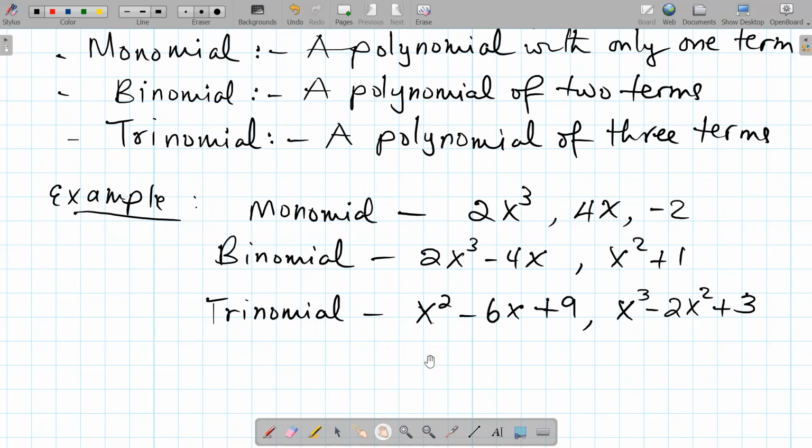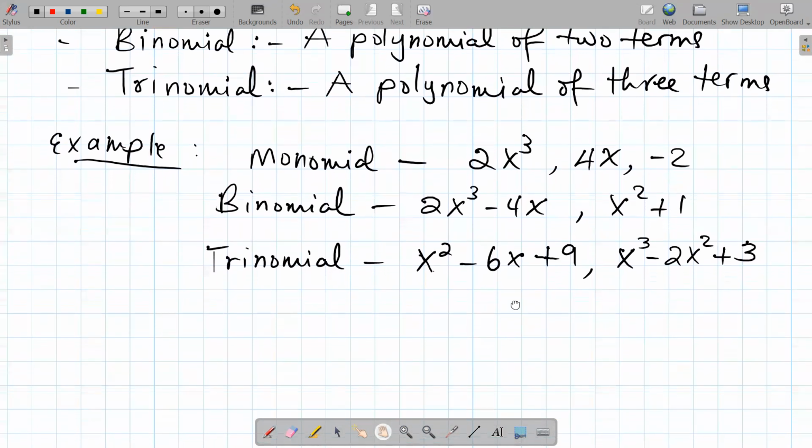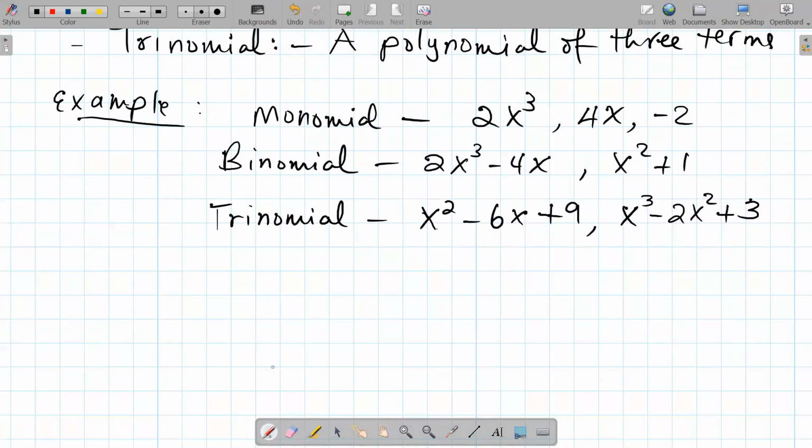So think of the definition of a polynomial. The definition says that it is just a finite sum of terms. So what is a term? Let's look at what a term is.